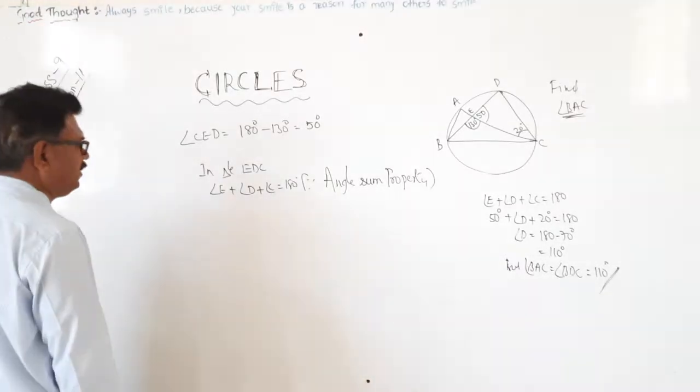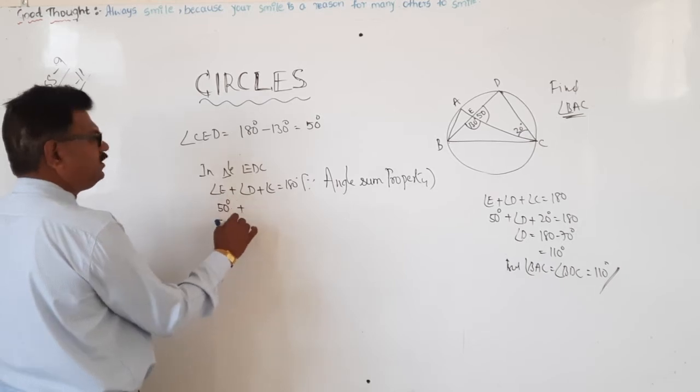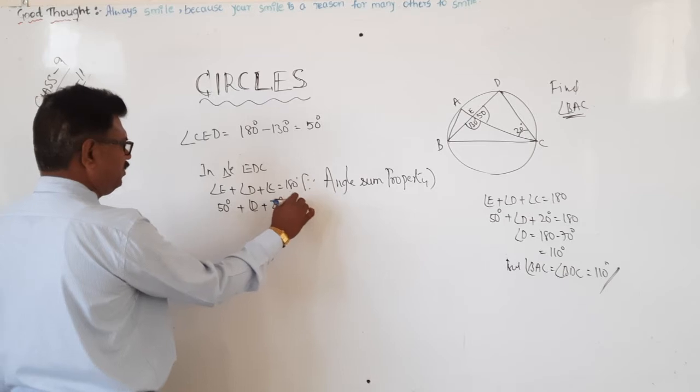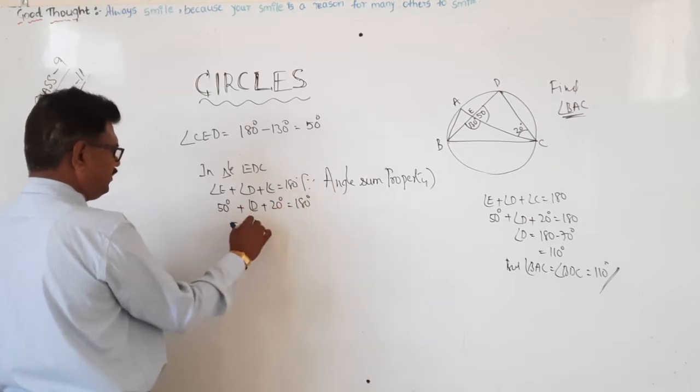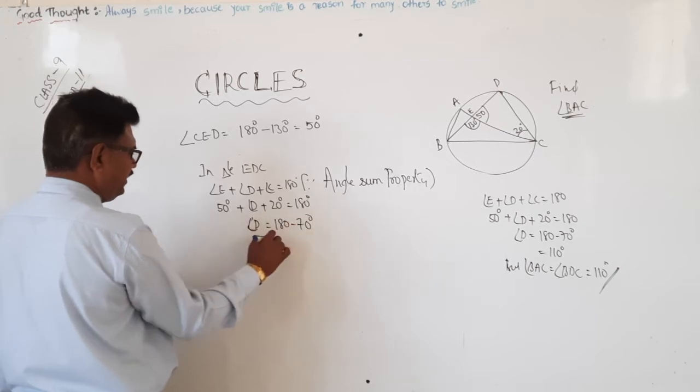Now you can take angle E as 50 degrees, angle D plus 20 degrees equals 180. Therefore, angle D equals 180 minus 70, which is equal to 110 degrees.